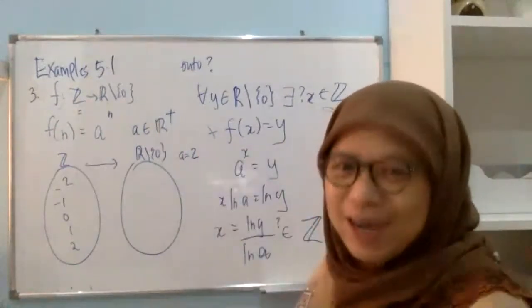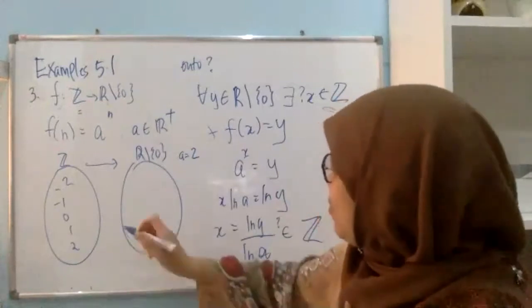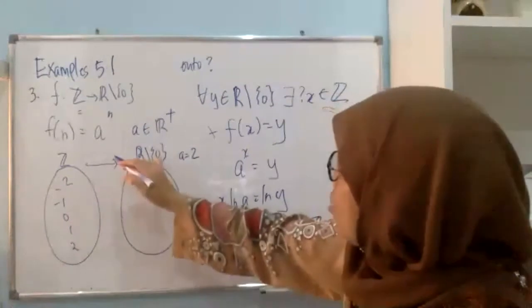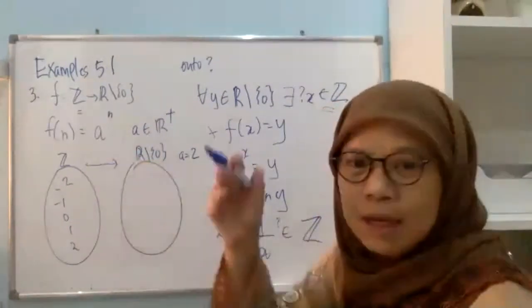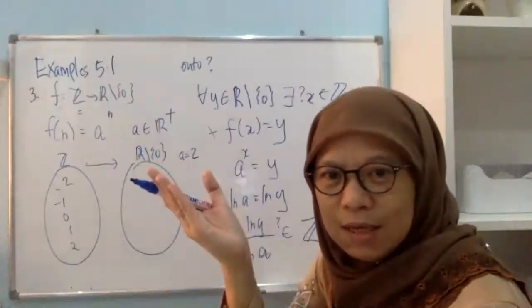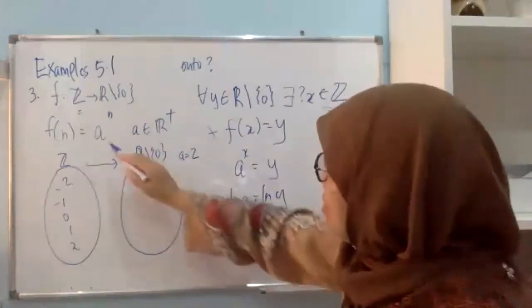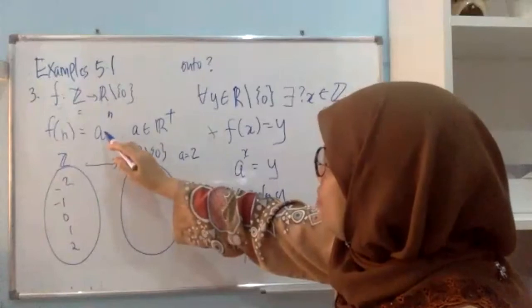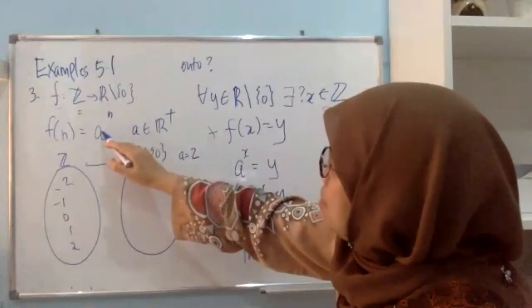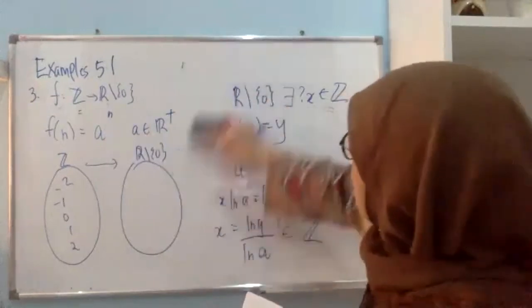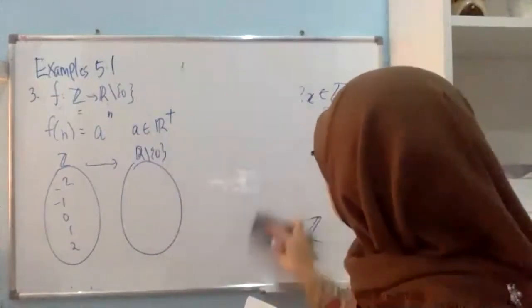Okay, not too hard. What is the image of Z? It cannot be 0, because nothing to the power of a number can be 0, right? If you remember, if this is a number and it's an integer, actually you can easily also see it from the graph.